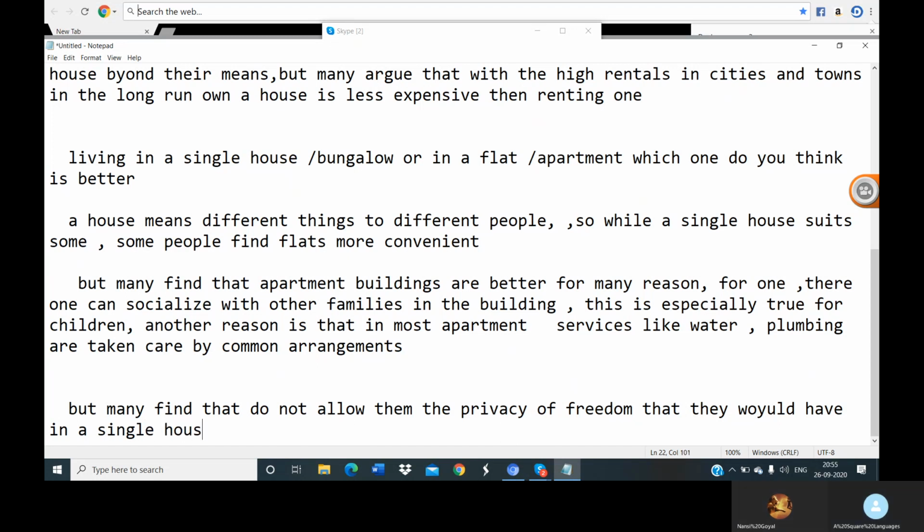Yes, sir. Read it one more time. But many find that apartments do not allow them the privacy of freedom that they would have in a single house. Because if you're living in an apartment, for example, I am living in front of your house. In one floor we can have four apartments, or ten, or two apartments.